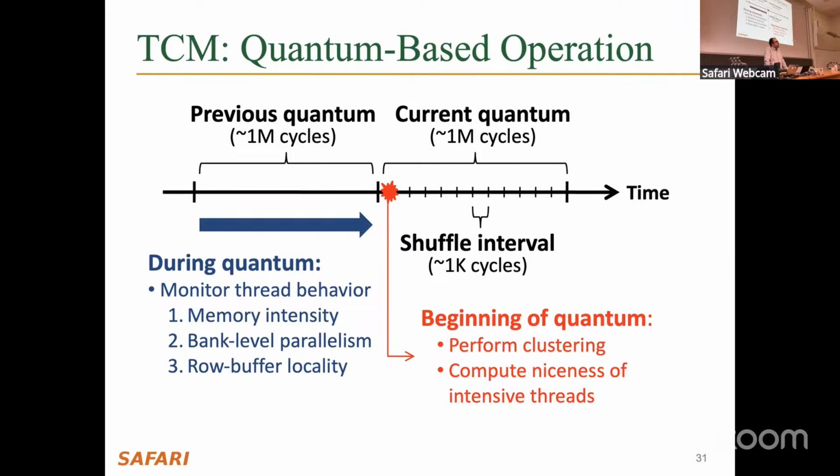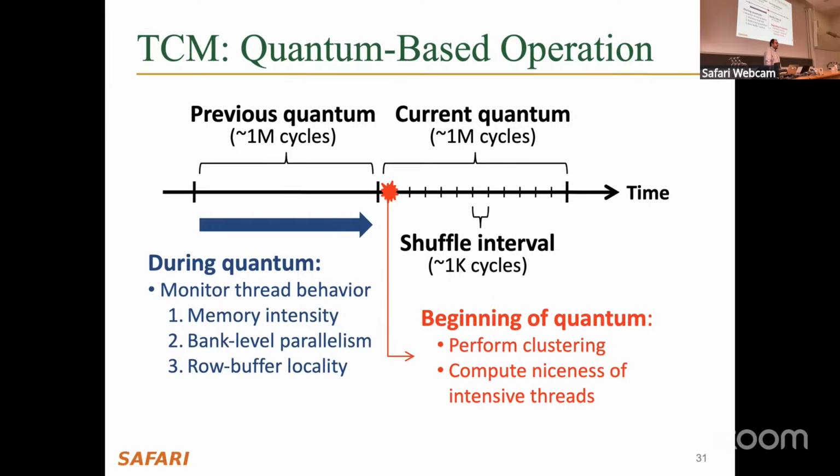No. Assuming a case where we have quite a large number of threads placed in the non-intensive cluster and very few threads in the intensive cluster, and since we are executing the non-intensive cluster, the threads in the intensive cluster can be starved.